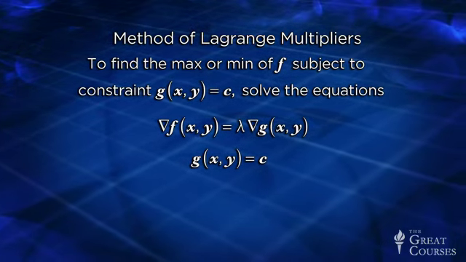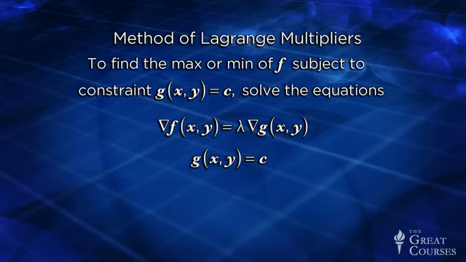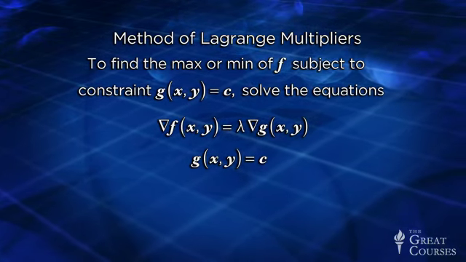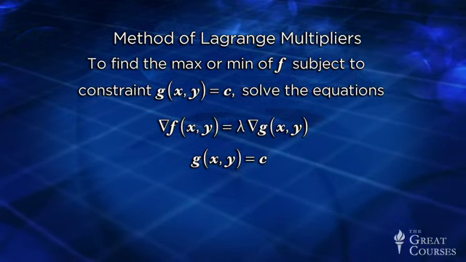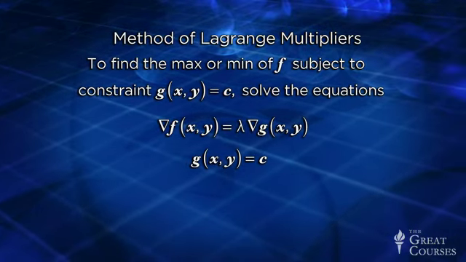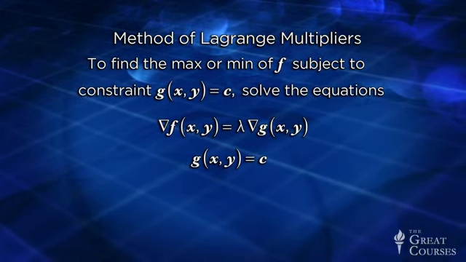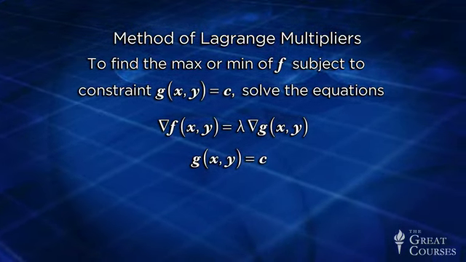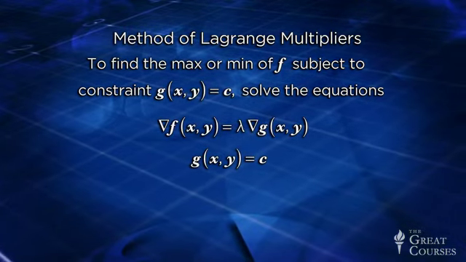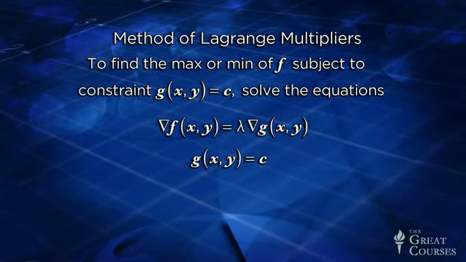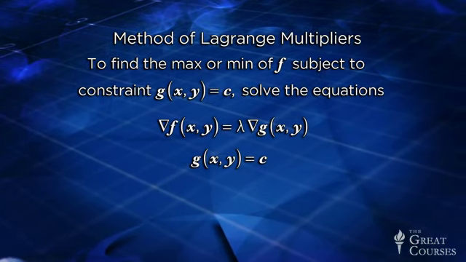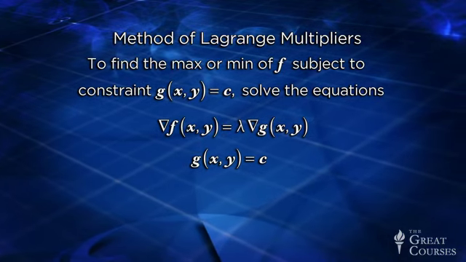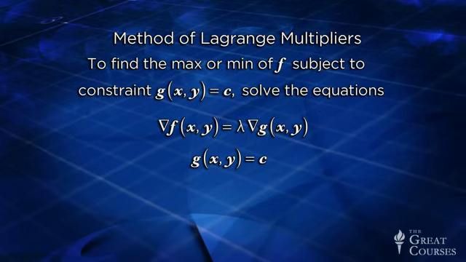And then by equating those corresponding i components, j components, and perhaps k components, you get this system of algebraic equations. And you try to solve those equations for x, y, and lambda. And then you can evaluate f at each of your solutions. Up to now, we've only had a single solution, and you'll select the maximum and minimum. And as I said before, this works for 3 variables, more variables, and for more constraints. You can have 2 Lagrange multipliers in some problems.